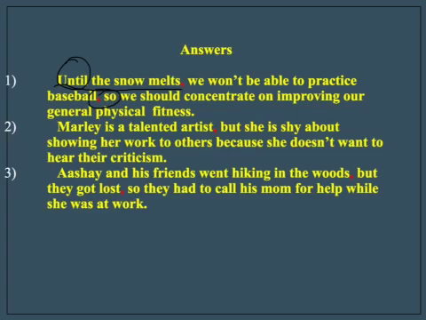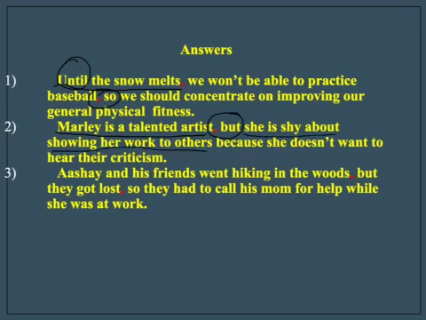Our second sentence, Marley is a talented artist, but she is shy about showing her work to others because she doesn't want to hear their criticism, has an independent clause at the beginning, Marley is a talented artist, connected with a fanboys coordinating conjunction and a comma. She is shy about showing her work to others.